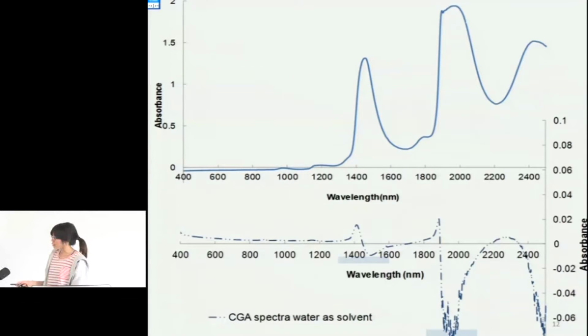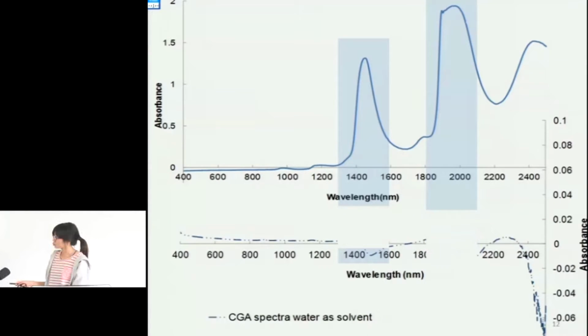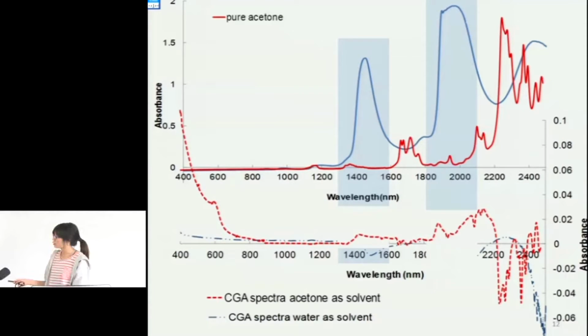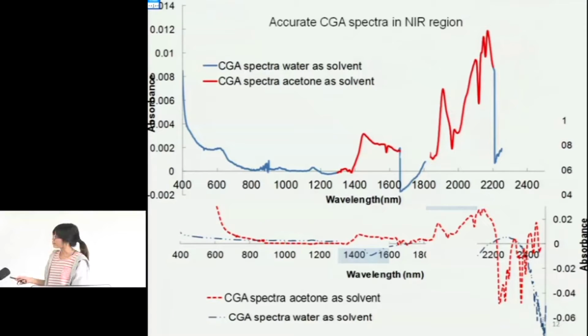We already know that in these two regions, it contains a lot of noise because of water's strong effect. So I removed these two regions and then replaced them using the CGA spectrum I get from using acetone as a solvent. Then I get the accurate CGA spectrum.